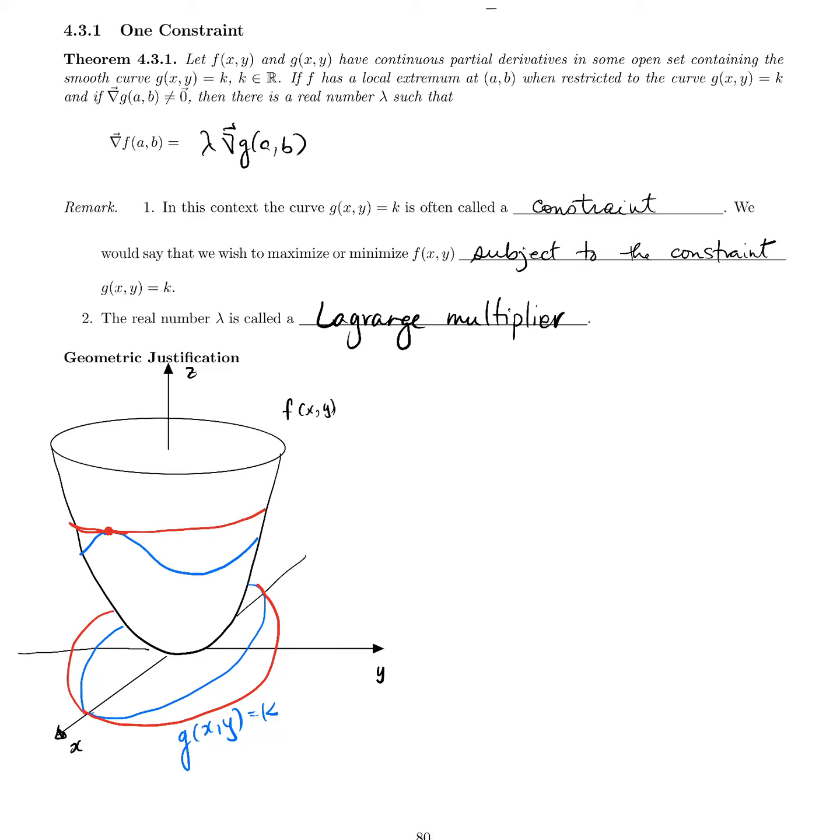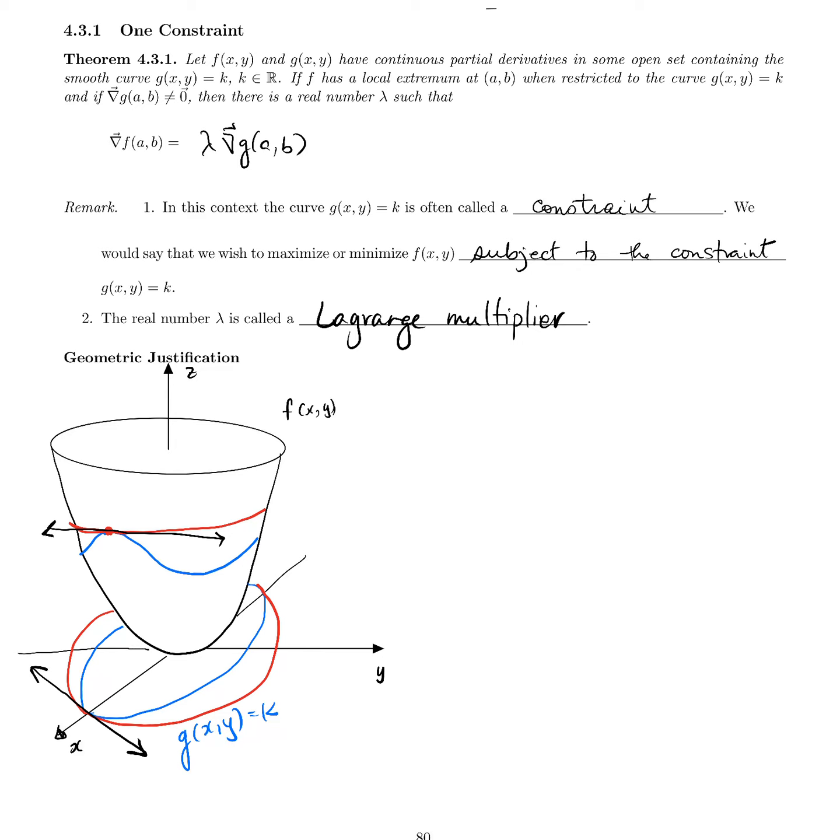The insight here is that when f has a maximum value on some restricted curve, then the constraint curve and the level curve are going to share a tangent line. The image of the constraint curve and the level curve will be tangent to each other. You should be able to see that from the diagram that I've drawn there.